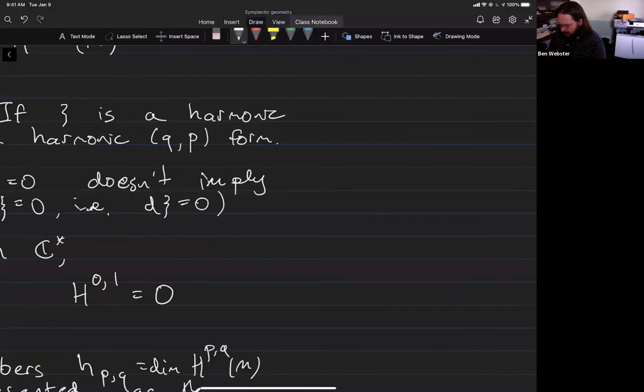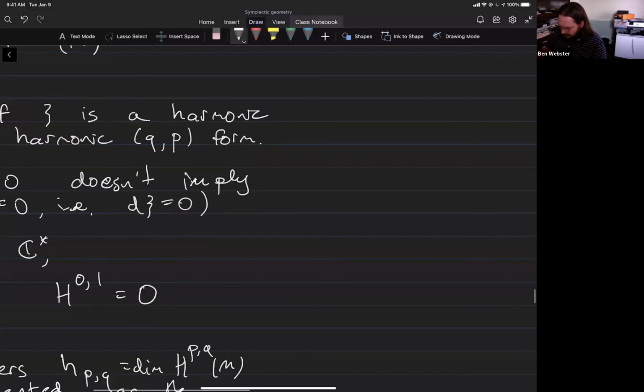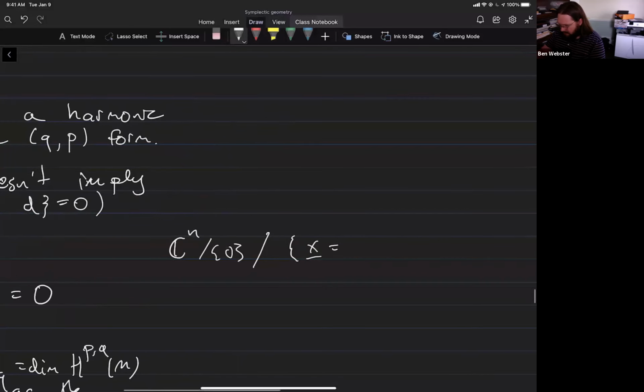The example that usually comes up in discussions of this stuff is if I look at C^n, I remove 0, and then I mod out by identifying x with 2 times x.